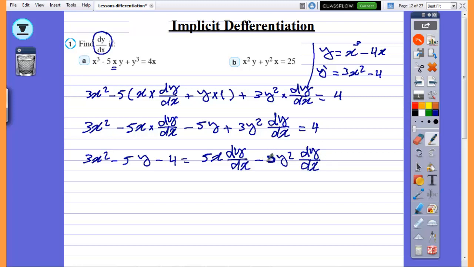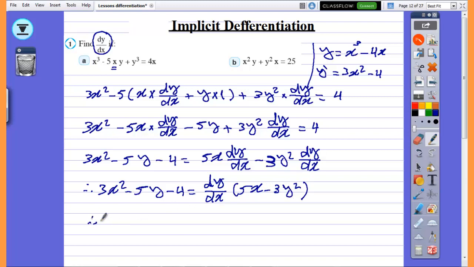So 3x square minus 5y minus 4 equals, taking dy dx as a common factor, dy dx multiply 5x minus 3y square.